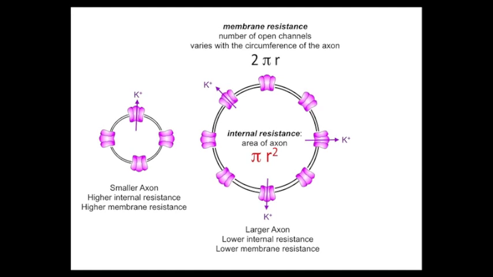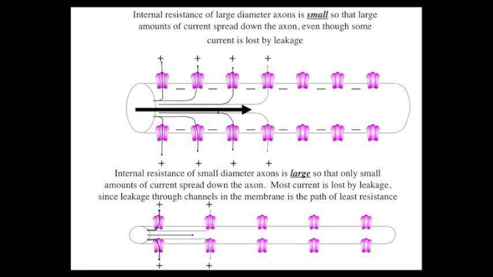However, the internal resistance, which is determined by the area of the axon, varies by pi r squared. So if I increase the diameter by a factor of 2, I don't decrease the internal resistance by a factor of 2, I decrease it by a factor of 4.